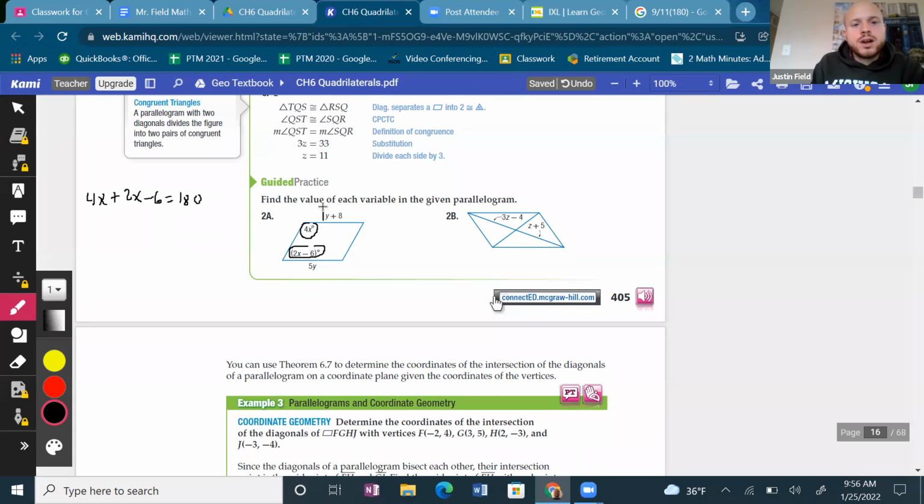And then we also know that opposite sides, if you look back, or you should have written it down, are congruent. So we can also solve y plus 8 equals 5y. Opposite sides congruent. And I'm going to write my justification. Consecutive angles are supplementary.